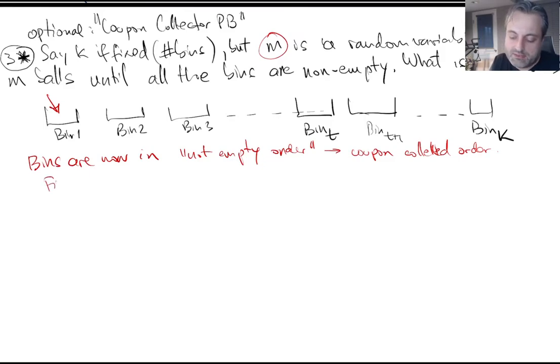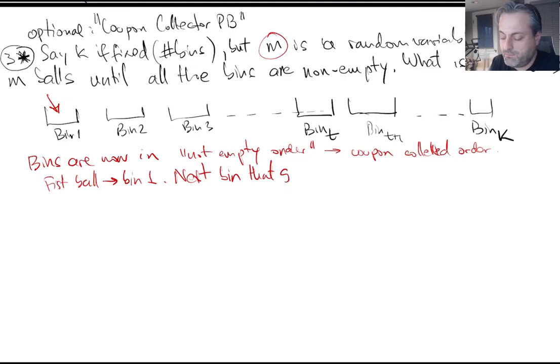So the first ball goes to bin 1. The next bin that gets its first ball, let me actually write this down, that'll be easier to follow.